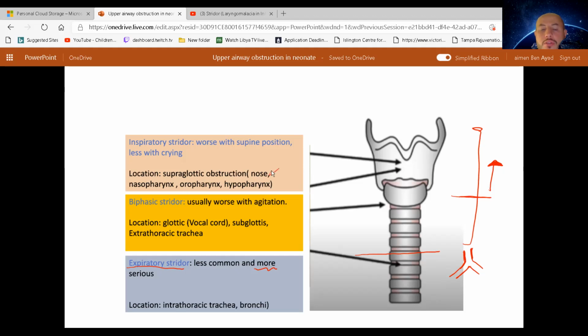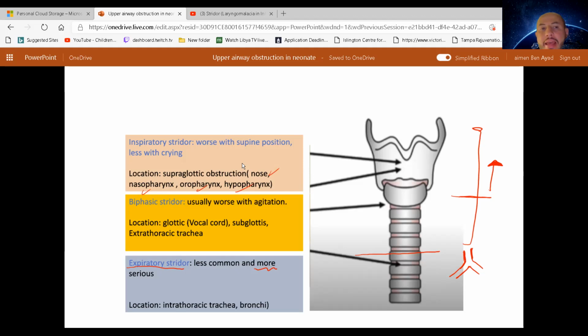We are talking about the nose, nasopharynx, oropharynx, and the hypopharynx. The characteristic of inspiratory stridor is that it's usually worse, especially in laryngomalacia, in the supine position. When the baby lies back, the stridor gets worse, versus a baby in the prone position.